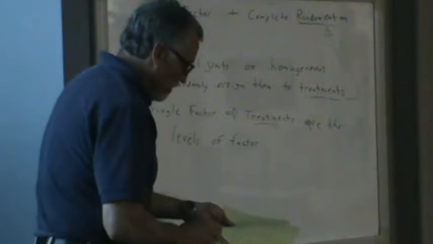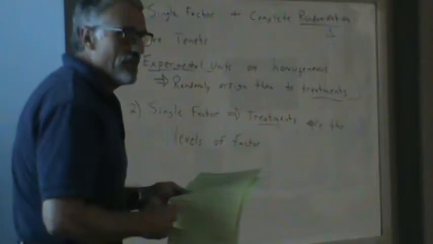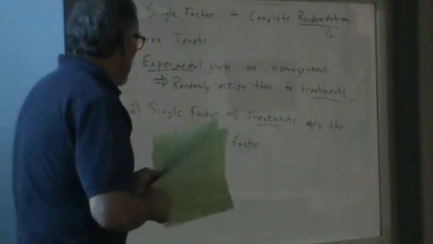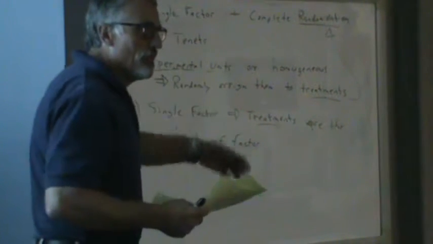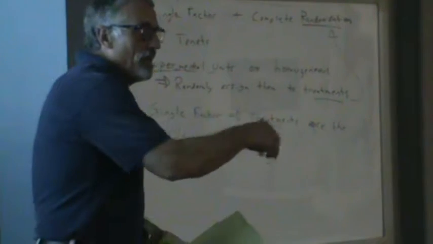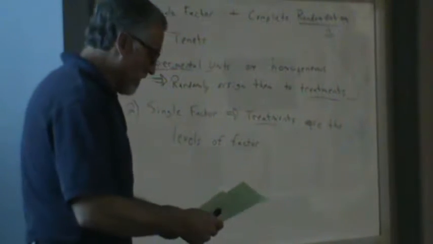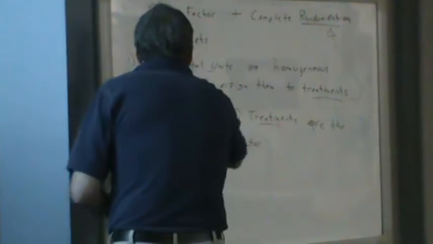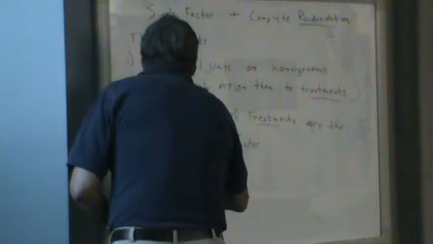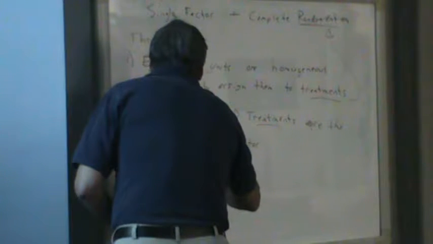Okay, so in the insulation, it would be the 3 inches, 4 inches, 5 inches, 6 inches, those levels. In the drug example, it'd be 0 pills, 1 pill, 2 pills, or no pills, pill A, pill B, or something like that. The different levels that we're doing.